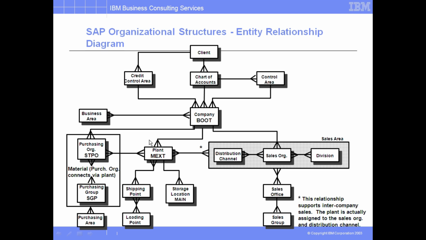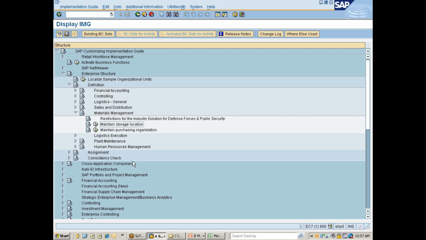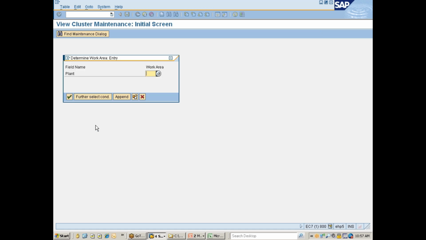I have defined plant also. Now you see here storage location and purchasing organization. These are the only 2 organization elements that you create from the module perspective, right? So I will be defining these 2 in the module. Storage location will always be dependent on plant.